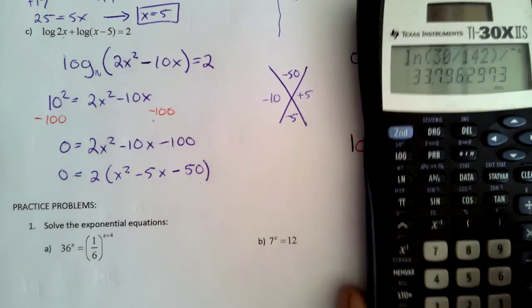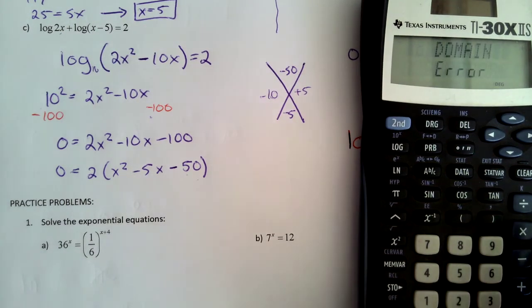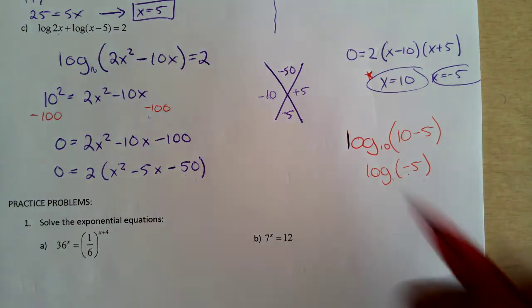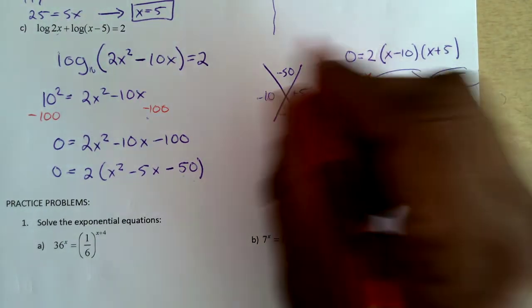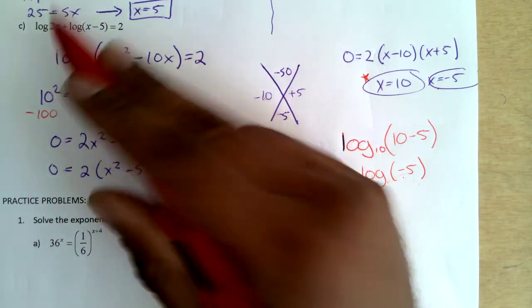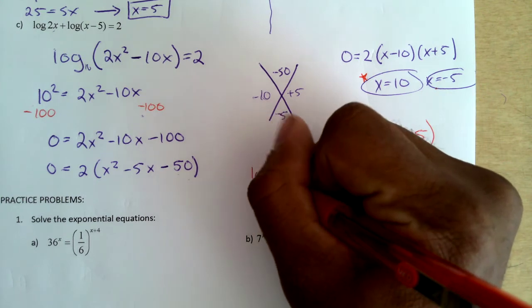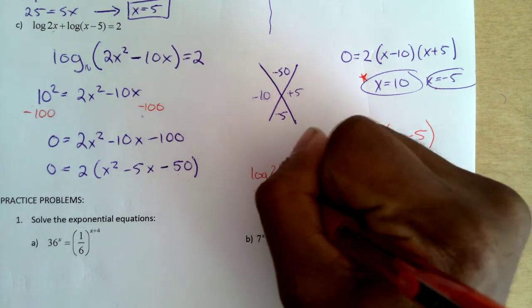Luckily, this is log base 10, so you're going to find if I put log of a negative number, I get a domain error. And you know what's going to happen is actually on this other part over here, I'm also going to get a domain error. When I put in negative 5 here, I'm going to get log of 2 times negative 5. So I'd get log of negative 10.